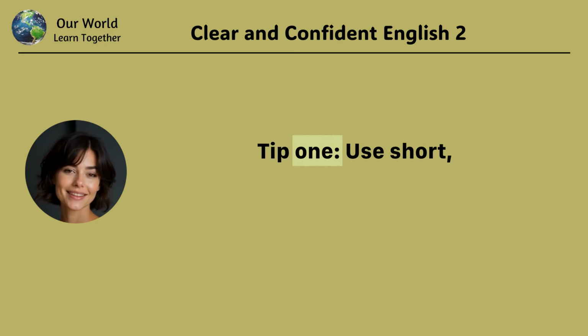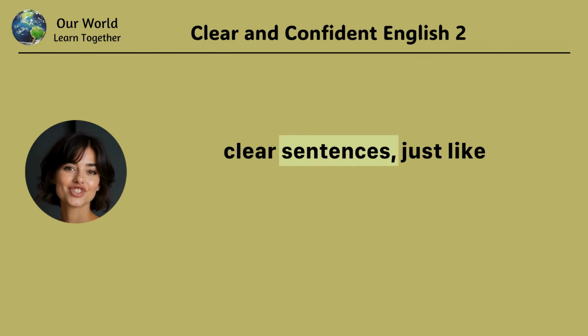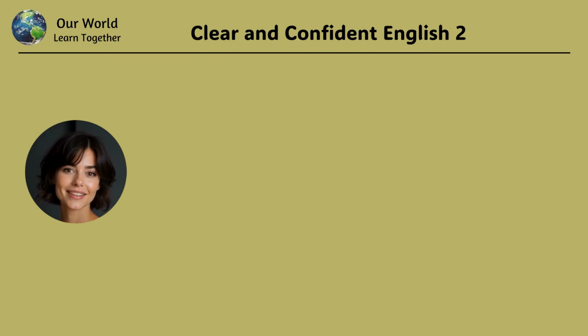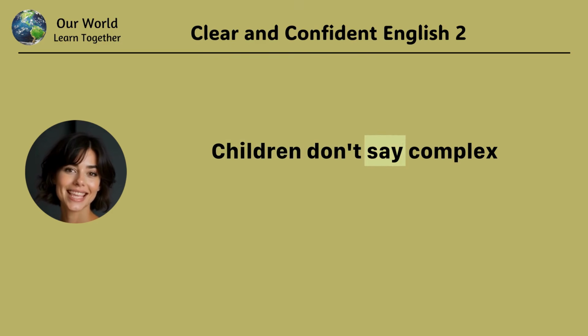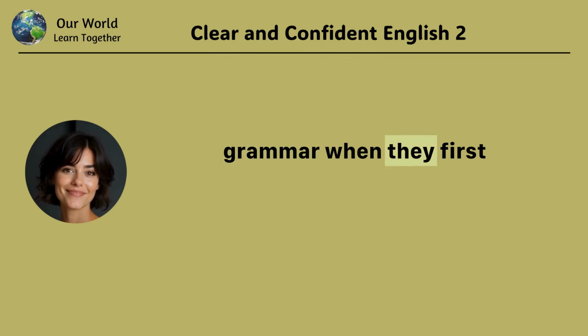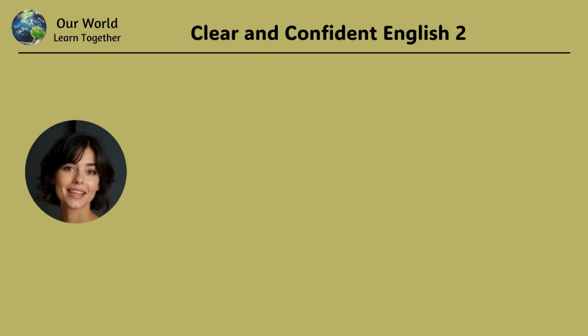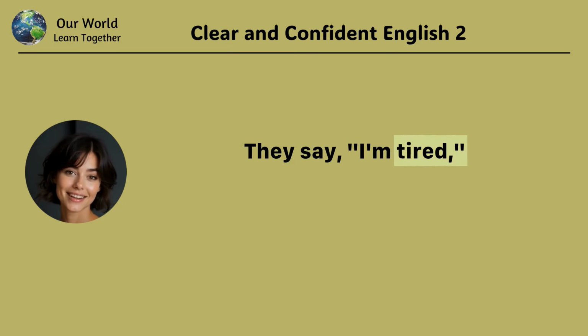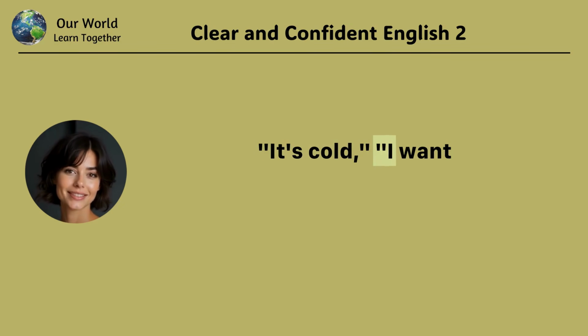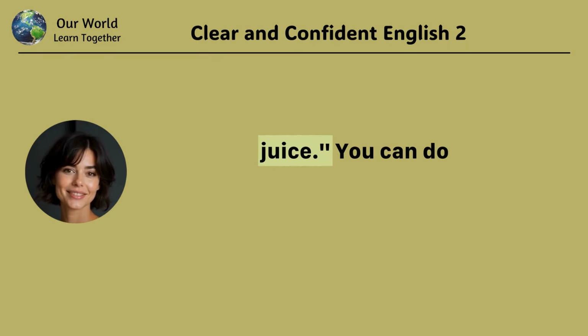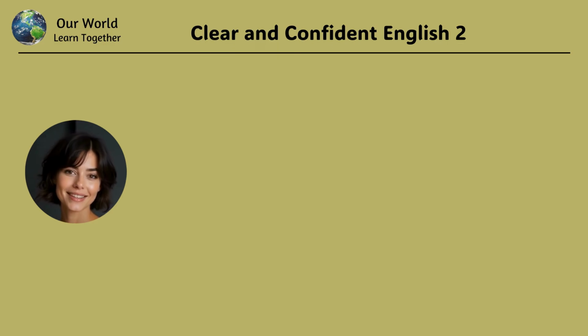Tip 1. Use short, clear sentences, just like a child. Children don't say complex grammar when they first learn to speak. They say, "I'm tired. It's cold. I want juice." You can do the same.